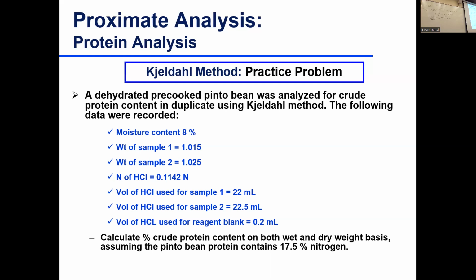What was it before you made that calculation? We are calculating on dry basis because it's dehydrated. Oh, excuse me. That is dry basis. Yes. There's something a little off with the number. I got 19.6.